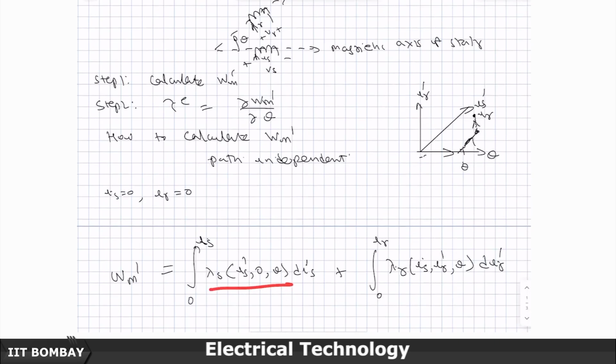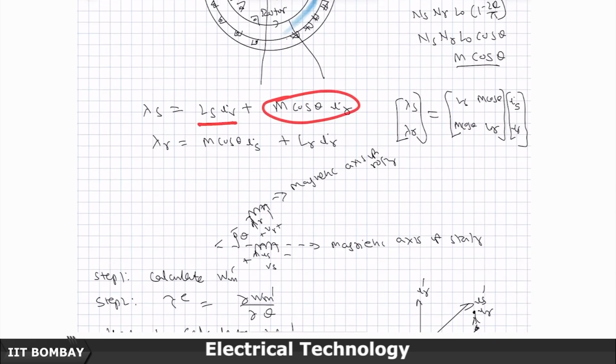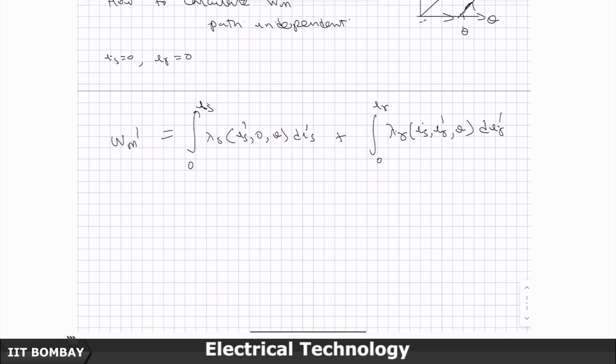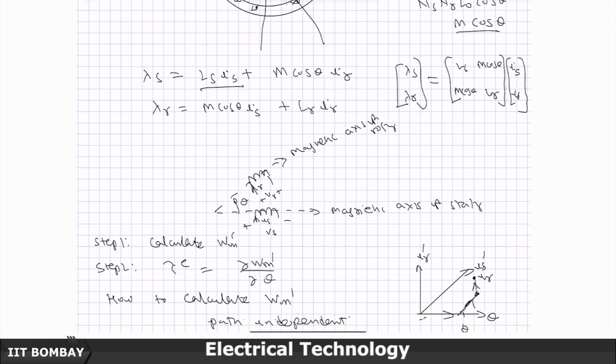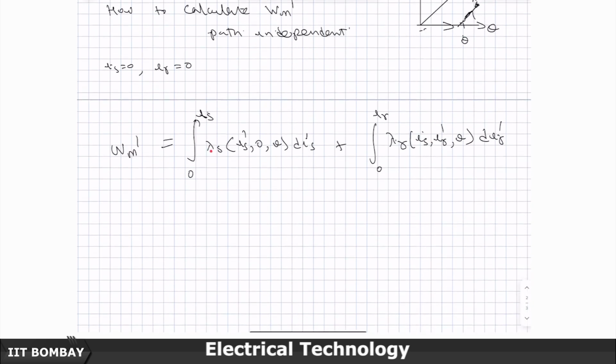So, whatever this term is, the first term is only LS IS dash, and when I integrate it with respect to dIS dash, it will become half of LS IS dash square with limits from 0 to IS.